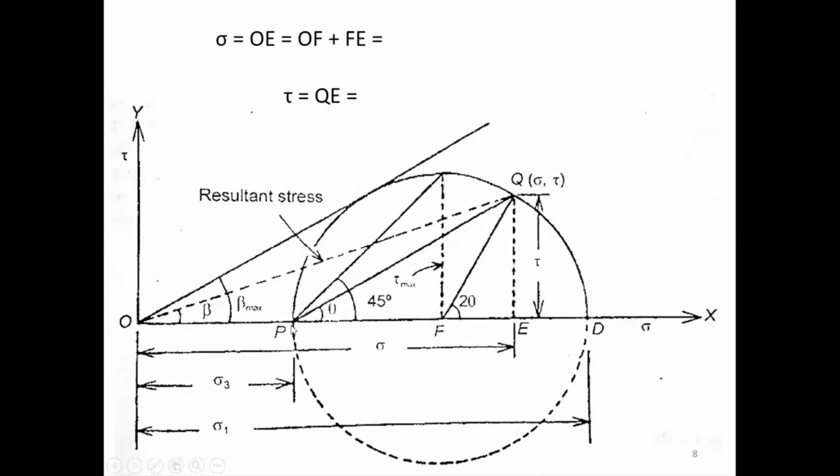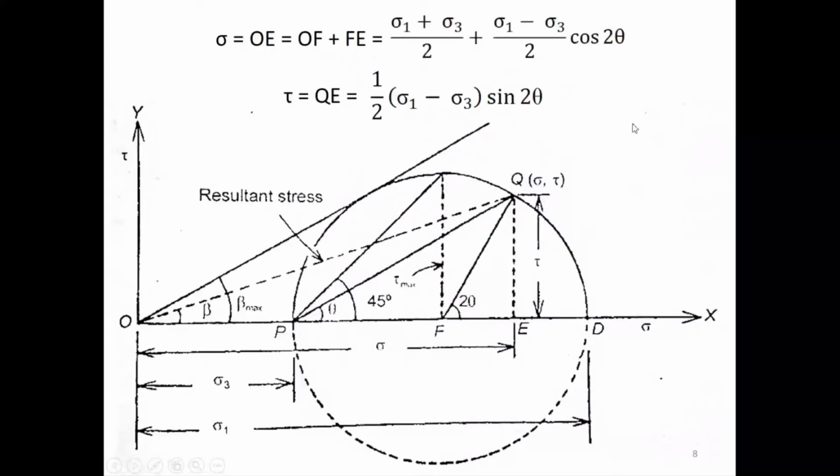So if I draw a line PQ inclined at an angle theta, then that line is going to intersect the Mohr circle at a point. Let me call that point Q. So that point Q represents the system of stresses on a plane inclined at an angle theta with the major principal plane. So on the plane inclined at an angle theta, I have the system of stresses sigma and tau, just what we saw on the wedge ABC earlier, correct?